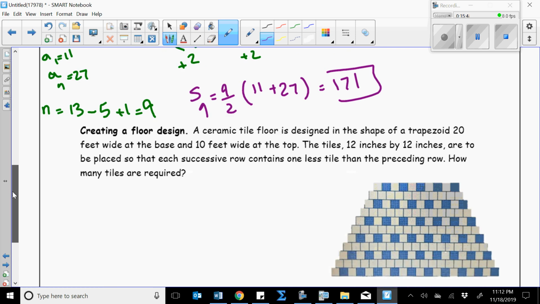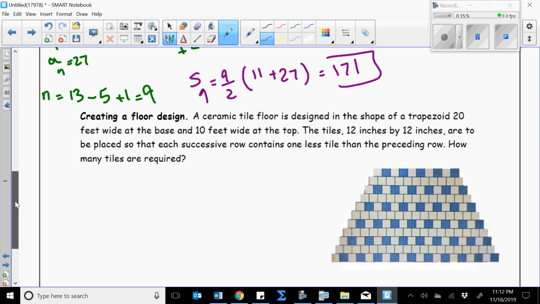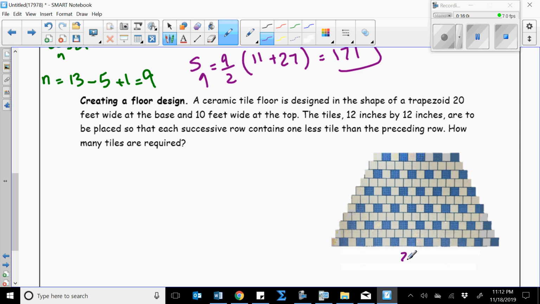Okay, now let's read this word problem. A ceramic tile floor is designed in the shape of the trapezoid, 20 feet wide at the base. So this side is 20 feet. And 10 feet wide at the top. So the top side is 10. The tiles are 12 inches by 12 inches.